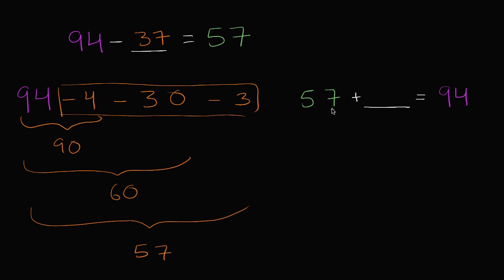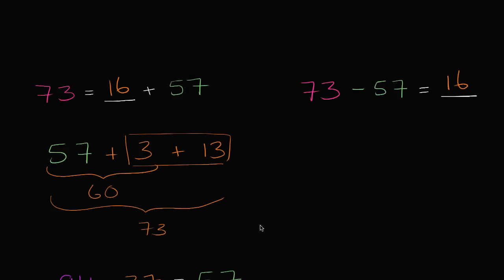I'm going to add 3, and then I'm going to add 30. If I add 3, I get to 60. Then if I add 30, I get to 90. And then if I add another 4, I get to 94. So I added 37. Now there are clearly other ways to do this, especially if you have paper around. But this is actually how my brain would tackle it if someone walked up to me in the street and asked me to solve these problems.